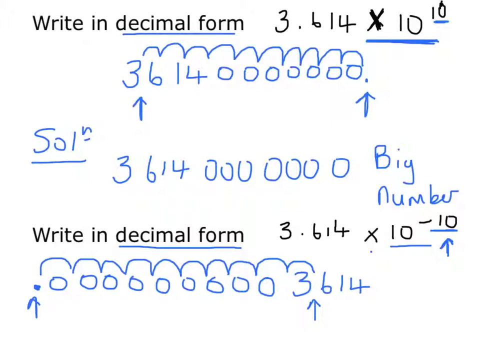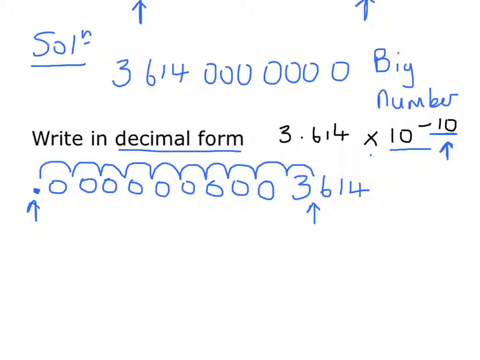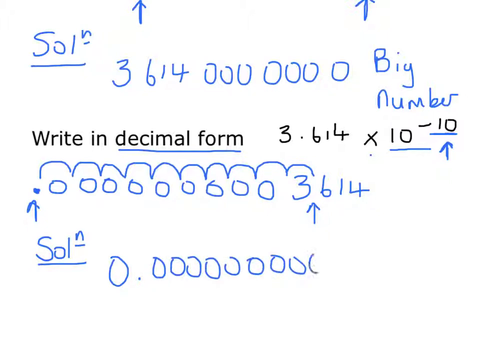So if I was to write the solution to that, the answer is 0 point, and I'm going to have 9 zeros, 1, 2, 3, 4, 5, 6, 7, 8, 9, and then I'm going to have 3, 6, 1, 4.